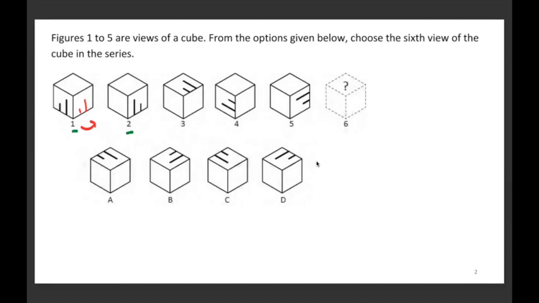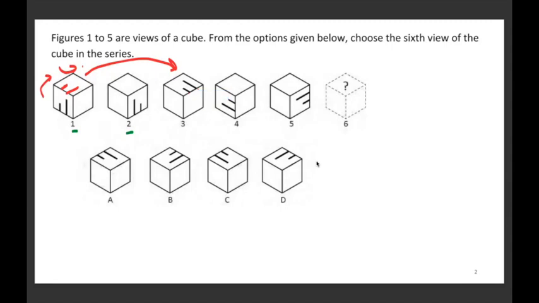But there is definitely a correlation that we can see between figure 1 and figure 3. How? If I rotate figure 1 in this direction first, big line and small line will come like that. And here, if I further rotate it anti-clockwise, I'll get exactly what I see in figure 3.